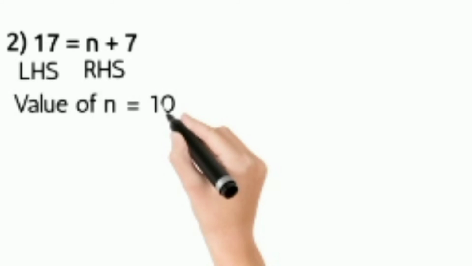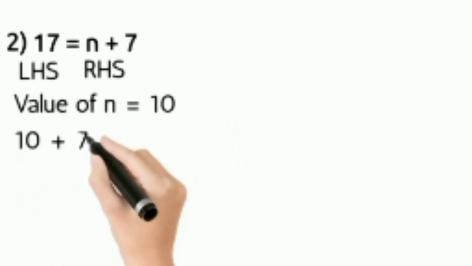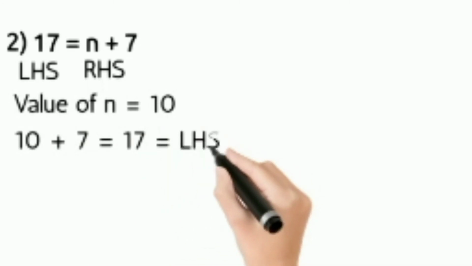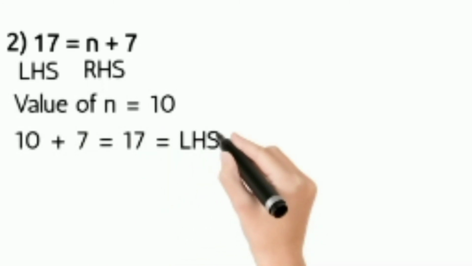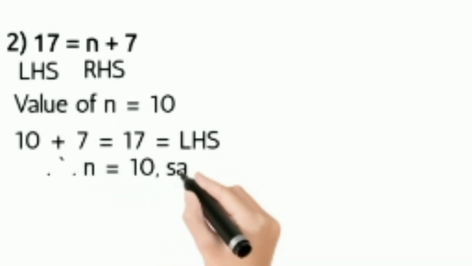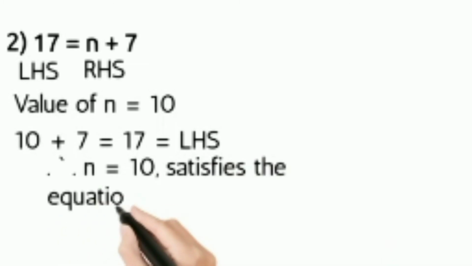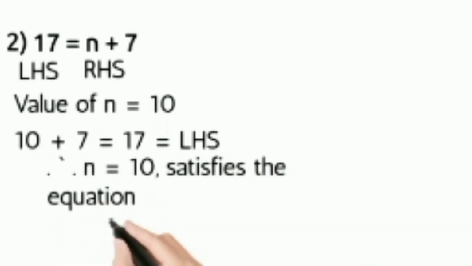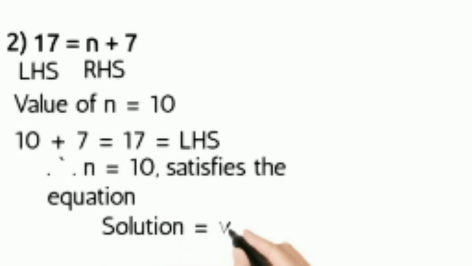We get 10 plus 7 is equal to 17, and it satisfies the left hand side, which is equal to 17. Therefore, n is equal to 10 satisfies the equation. So, we can write in the column yes.